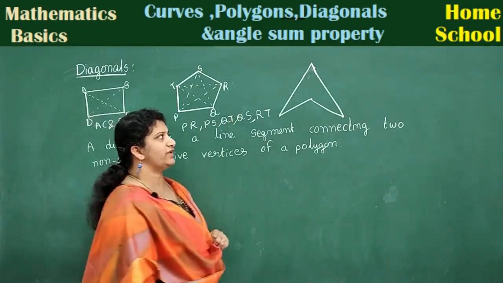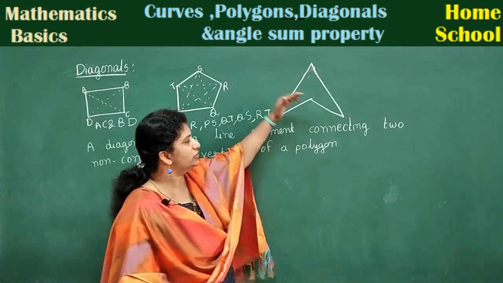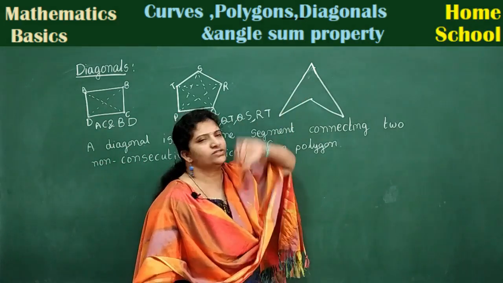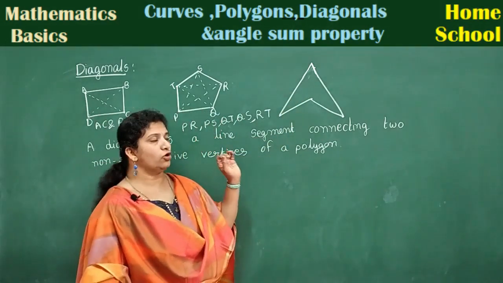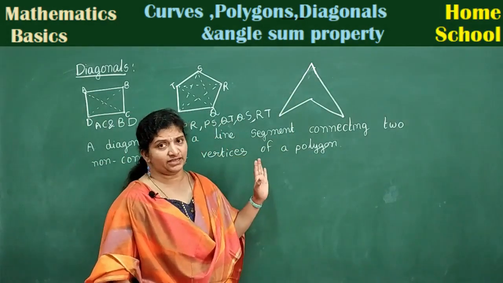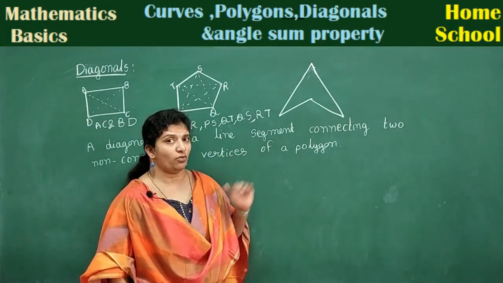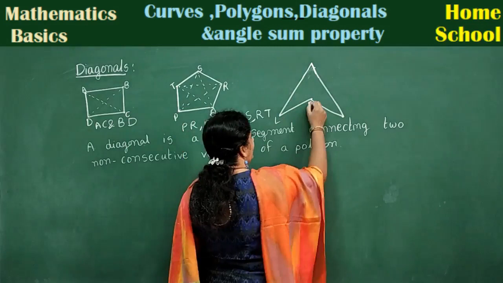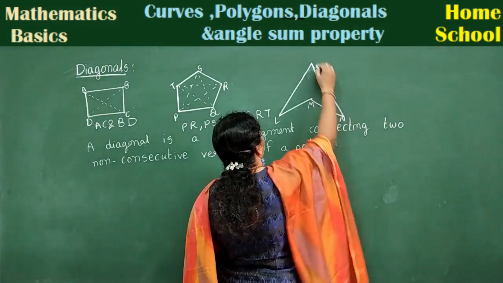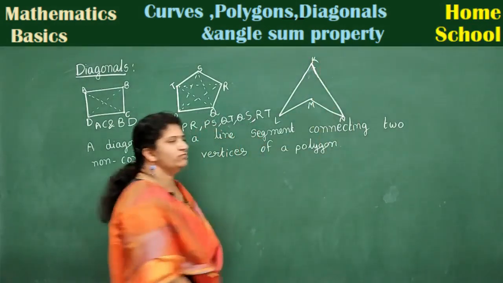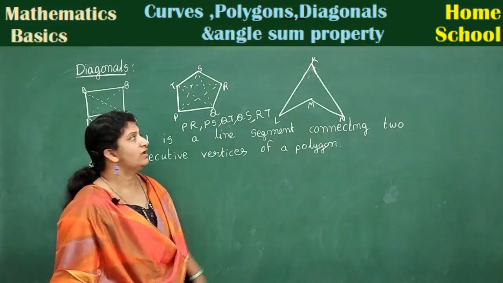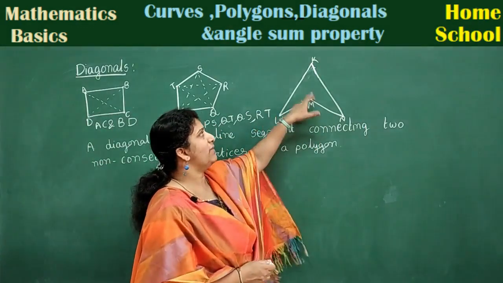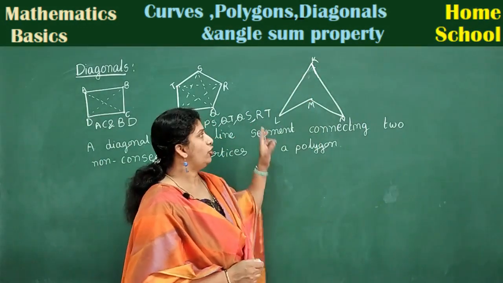And then the next figure. 1, 2, 3, 4 sides you have. So it is a closed polygon having 4 sides. You can say it is a quadrilateral. But now where are the diagonals? L, M, N, K. Now show me the diagonals here. For L, M and K are consecutive.